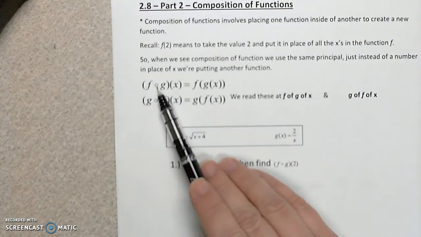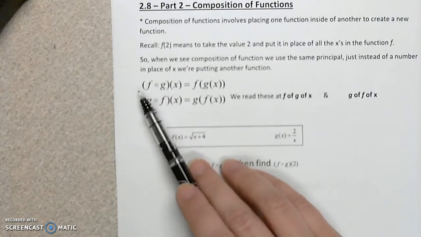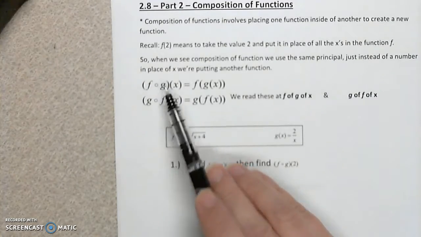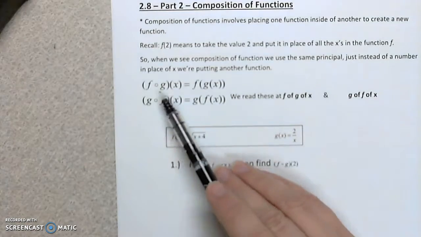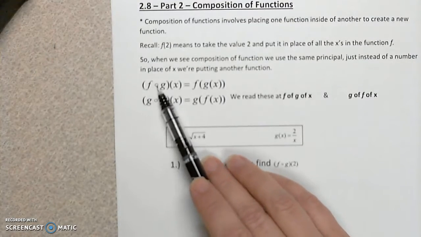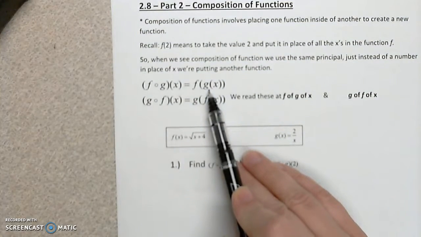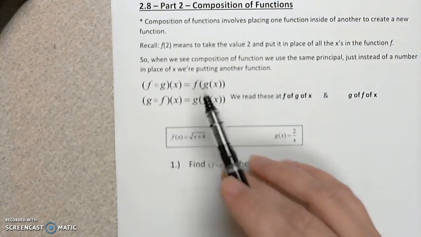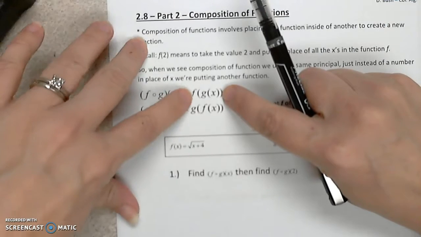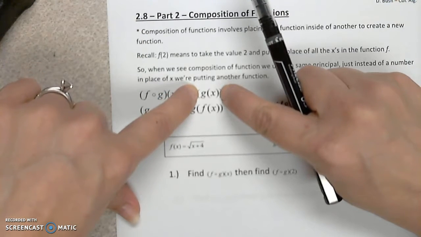You have f, and this little circle here does not mean multiplication, it means f of g or f composite g. So we're going to compose these two together. You can read it as f of g of x, and you may also see it written like this. Inside the parentheses of the f, notice instead of a number is the function g of x.